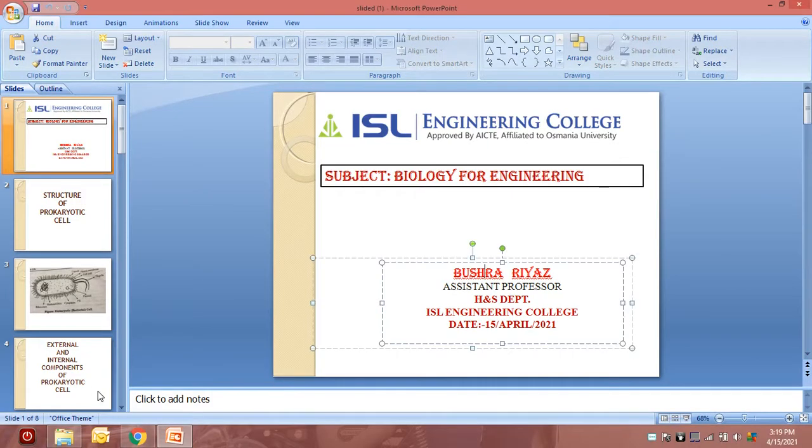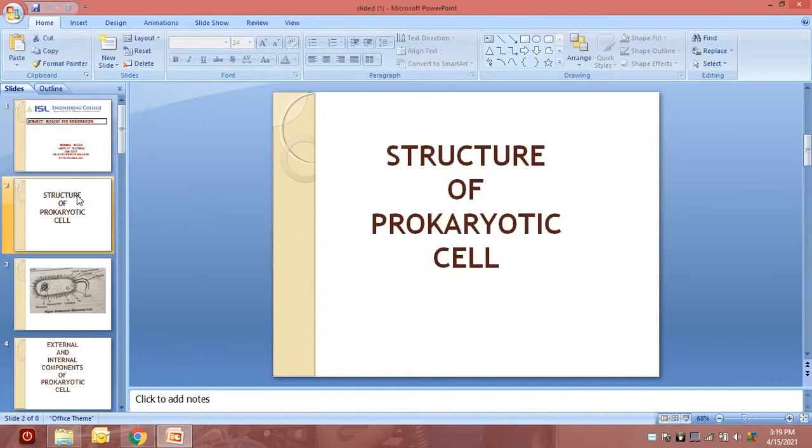So in today's session, we'll see the structure of the prokaryotic cell. We saw in our last session the structure of the eukaryotic cell. Now we are proceeding with another topic, that is the structure of the prokaryotic cell.